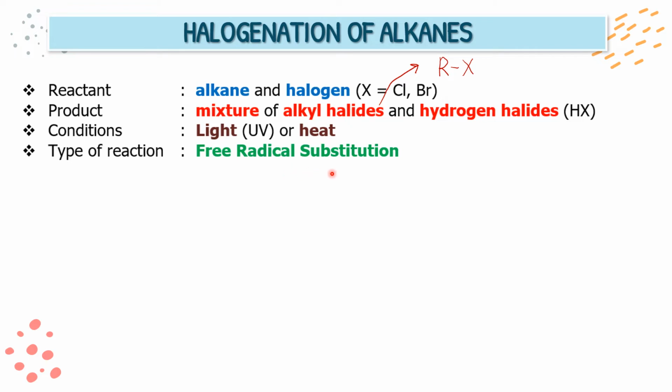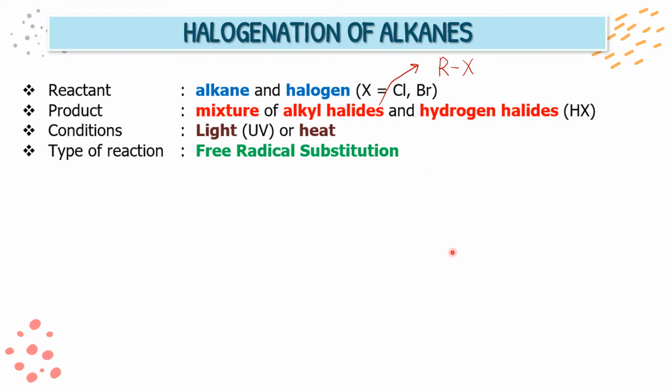For type of reaction, remember in chapter 4 we discussed the types of reaction, which are 7: free radical substitution, nucleophilic substitution, electrophilic substitution, nucleophilic addition, electrophilic addition, then we have elimination and also rearrangement. So that's 7 reactions. So for halogenation of alkane, we have free radical substitution.